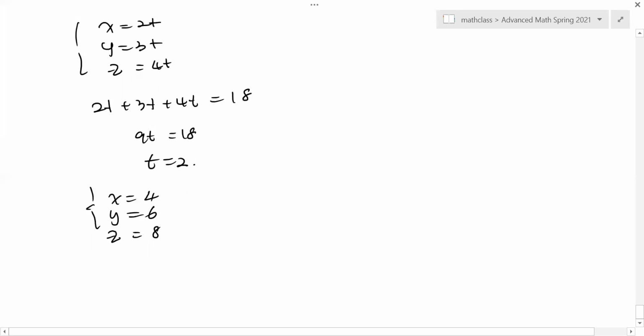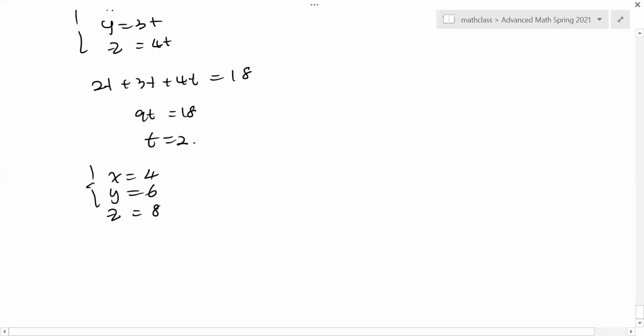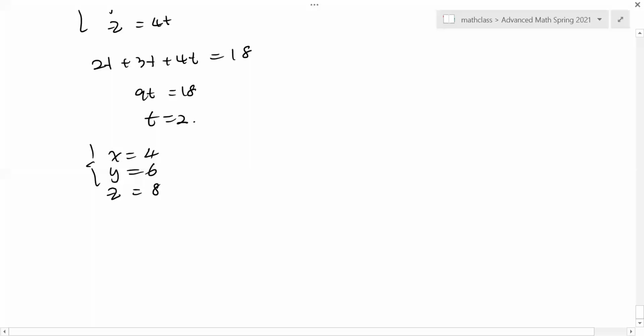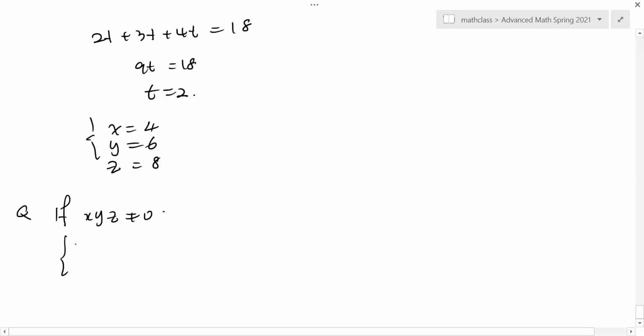Now, sometimes you don't get unique solutions, but you want to determine the value of some variable. Suppose you have 3 equations. We assume that x times y times z is not 0. We are only given 2 equations, x minus 2y minus 4z equals 0, and 2x minus y plus z equals 0.